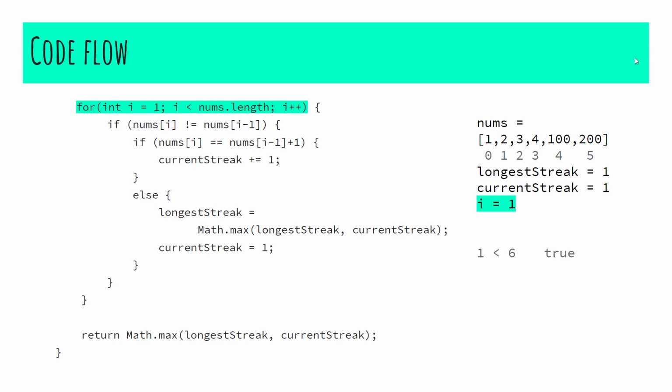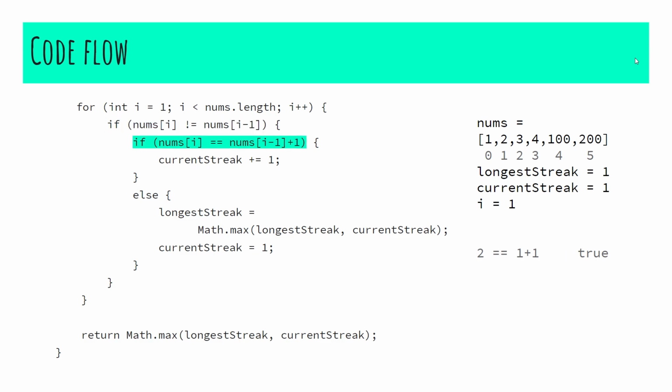At my first iteration, my i value is 1. I'm going to check whether the current number pointed is not equal to the number preceding it. Since our current number is 2 and the number preceding it is 1, we'll proceed to execute the if block.